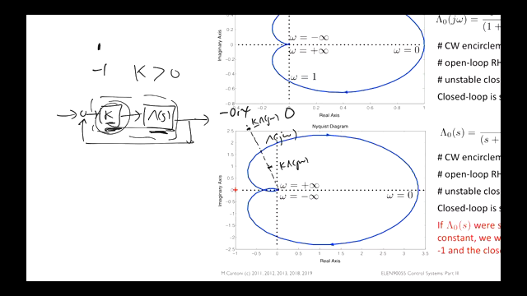So let's see what would happen if we grabbed this Nyquist plot and multiplied it by a gain bigger than 1. Then all these points would stretch out. This point would stretch out to there, this point would stretch out by the same amount to there, and so on.